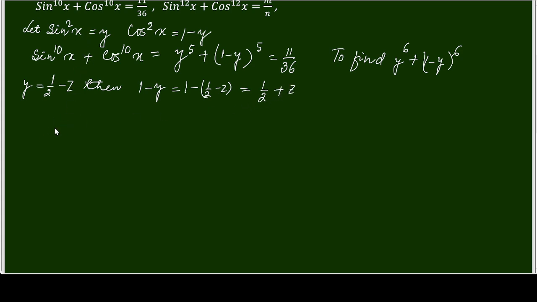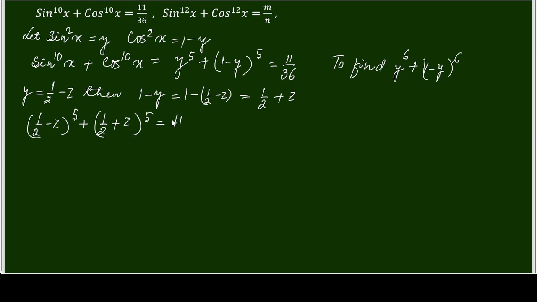So the given expression will be (half minus z) to the power 5 plus (half plus z) to the power 5 equals 11 by 36.